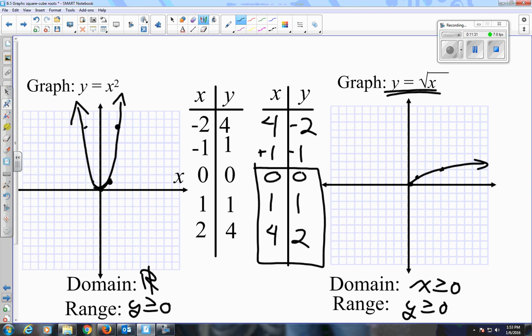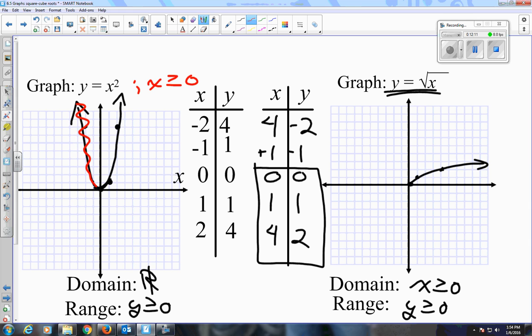So the way it's drawn, is this an inverse of the other one? It isn't. In order to make this be the inverse of what I have here, what do I have to do? I have to restrict my domain. If I restricted the domain so that x is greater than or equal to 0, then I would have just this half of the parabola, and this would be its inverse.